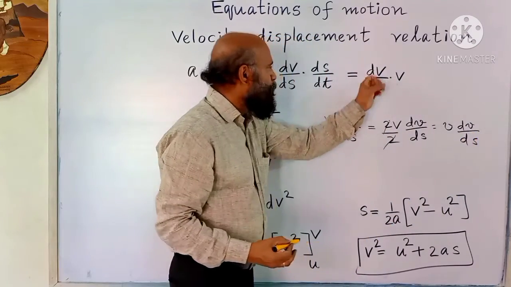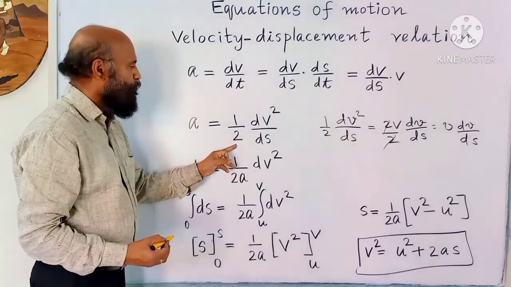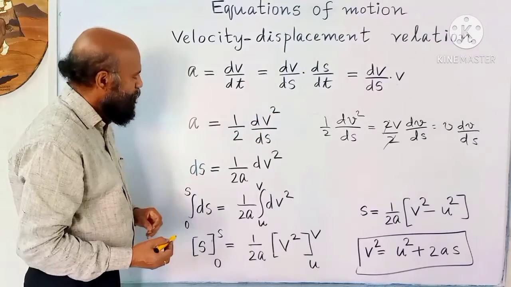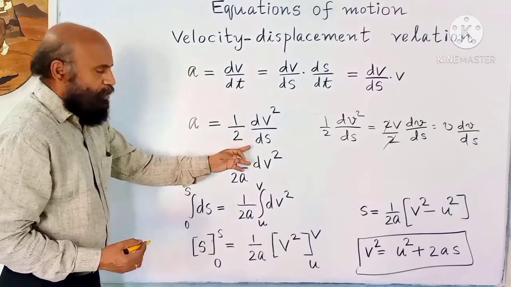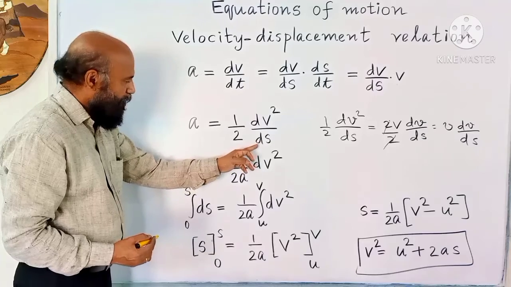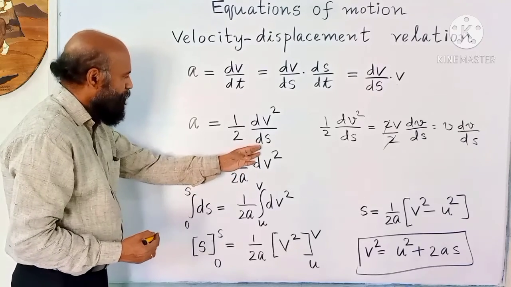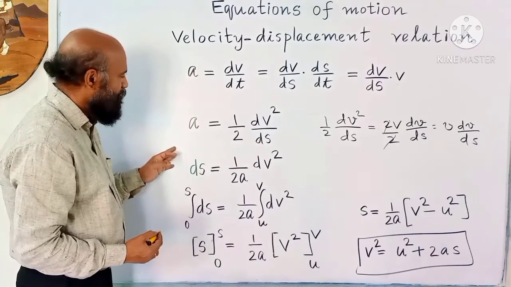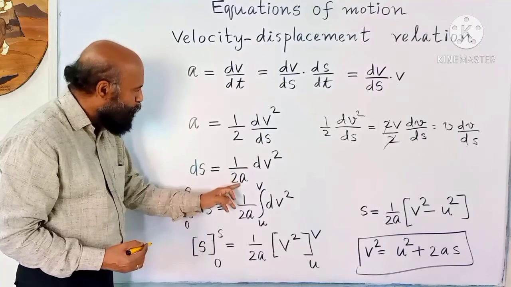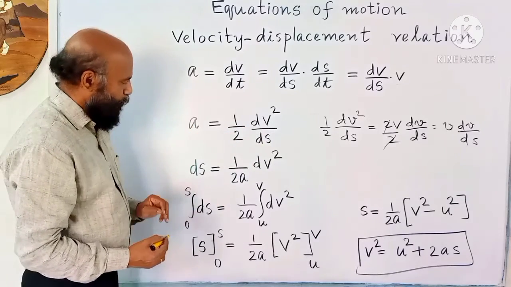So v dv by ds can be written as half dv square by ds. You rearrange this and get an expression for ds. So now ds is equal to 1 by 2a dv square.